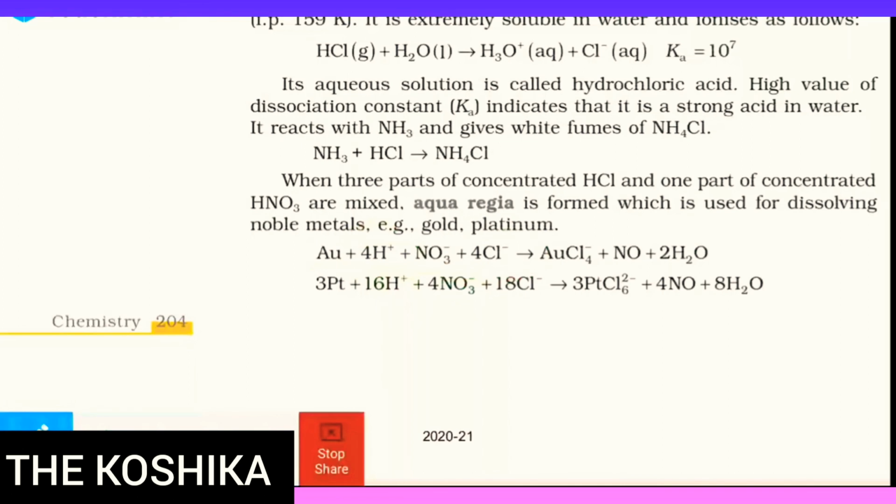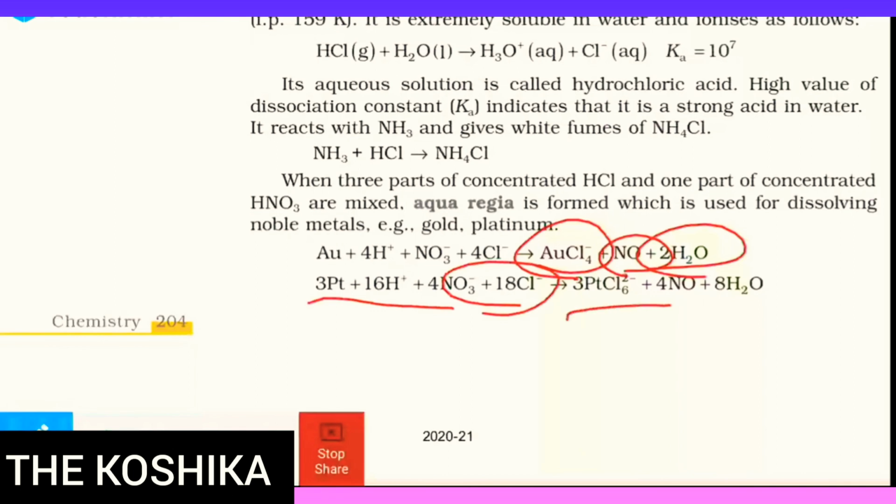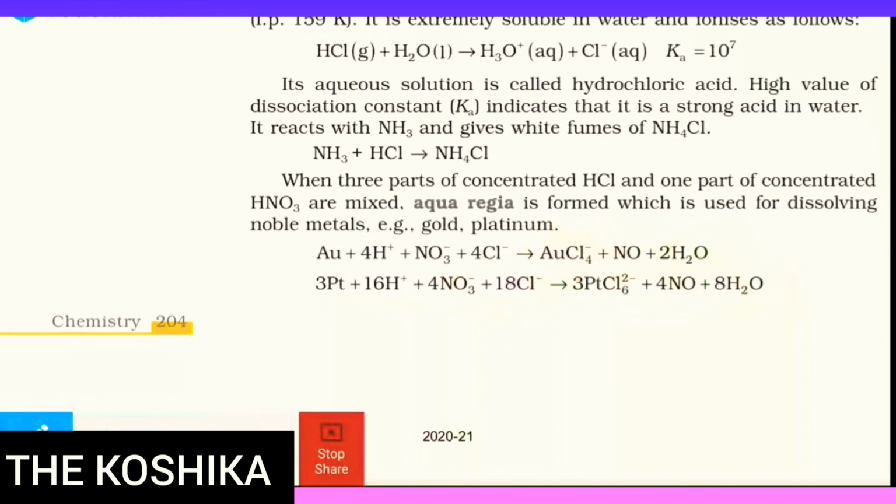It gives you AuCl4 negative plus NO2 plus 2H2O. इसी तरह से प्लेटिनम के साथ होगा 3Pt plus 16H plus 4NO3, plus 18Cl. It gives you 3PtCl6 2 negative plus 4NO plus 8H2O. ठीक है. रिएक्शन को अच्छे से देख लीजिए, स्क्रीनशॉट कर लीजिए और याद कर लीजिए.